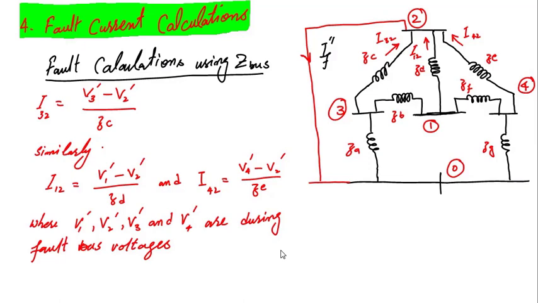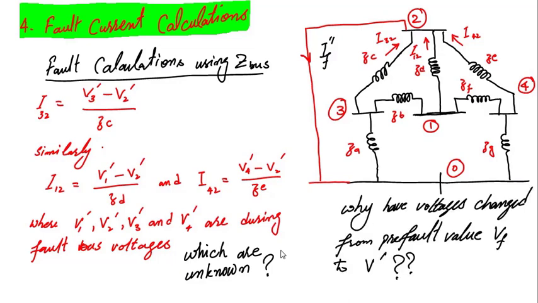Now it means we need these voltages in order to calculate the current contribution. So we need during-fault voltages on all the buses. Let's see how to calculate these voltages, which are still unknown to us. Now, why have the voltages changed from the pre-fault value VF to a new value V prime?